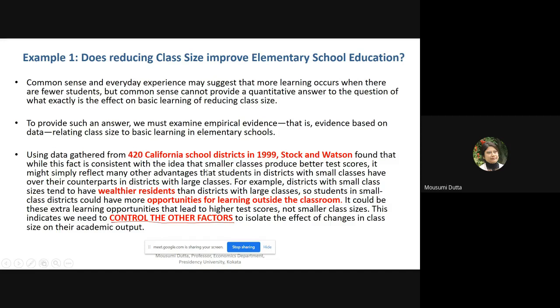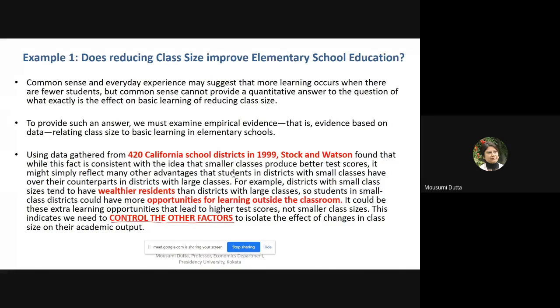So they did this kind of experiment, and they found that if they control by other factors, that is the income of the household of those school students, and if they control parental education, etc., they are finding that the students who are there in the schools where the size of the class is lesser, they are doing better just because of the fact that they are coming from wealthier section of the society.